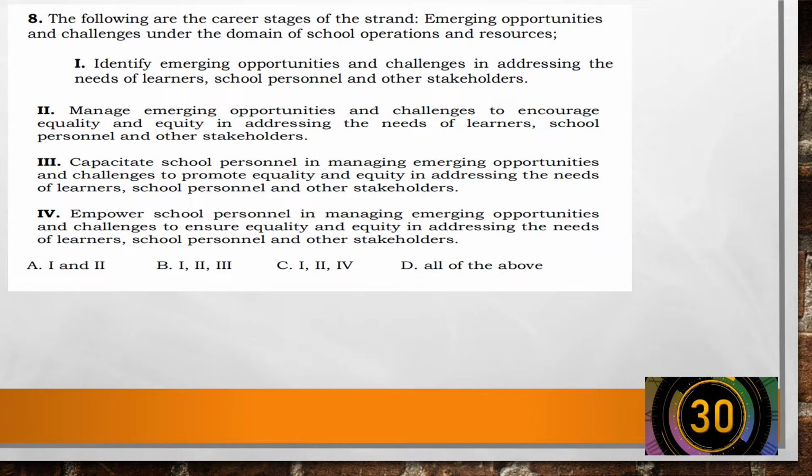4th, empower school personnel in managing emerging opportunities and challenges to ensure quality and equity in addressing the needs of learners, school personnel, and other stakeholders. Letter A, 1 and 2. Letter B, 1, 2, and 3. Letter C, 1, 2, and 4. And letter D, all of the above. Your time starts now.